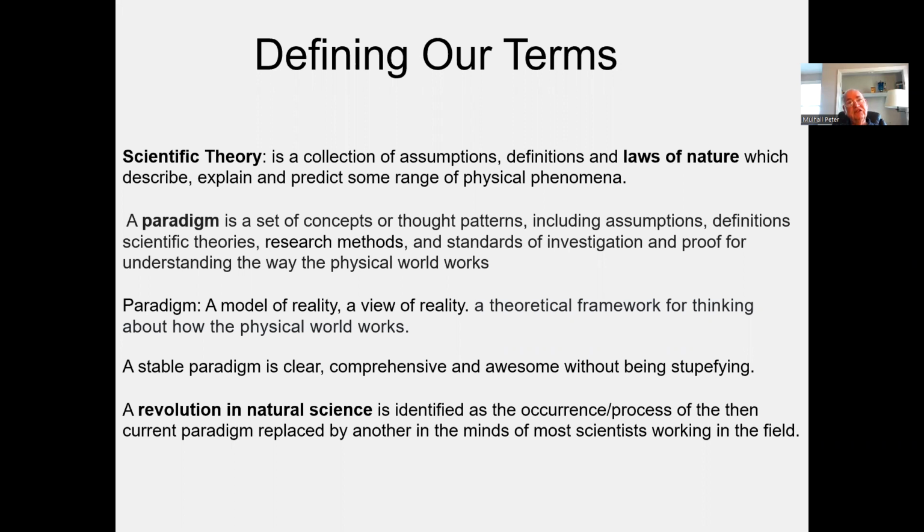It's not going to be a revolution when you and I change our paradigm. We're going to be way behind the scientists who work in that field. But when the majority of them begin to come around, stop thinking in the old paradigm and start thinking in the new paradigm, then I think it's safe to say we have experienced a revolution in natural science. And that takes a while. And it's going to take even longer for us laymen to catch up.